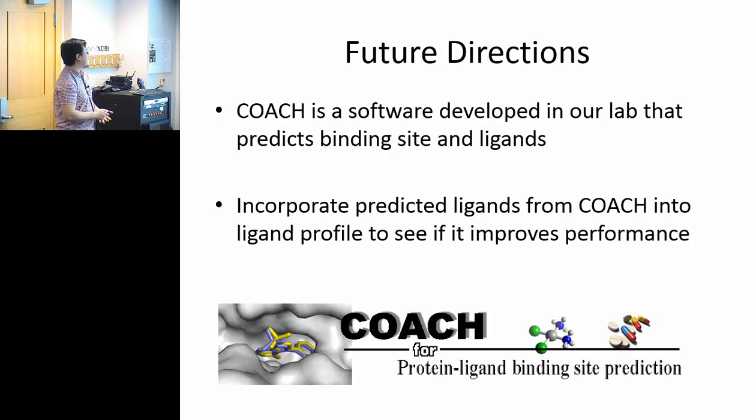I'm using this essentially to try to use a predictive method to incorporate predicted ligands into my ligand profile to see if that increases performance whatsoever. It would be really cool to see this here, because using some kind of predictive method to increase the effectiveness of your virtual screen would be very useful, I think.